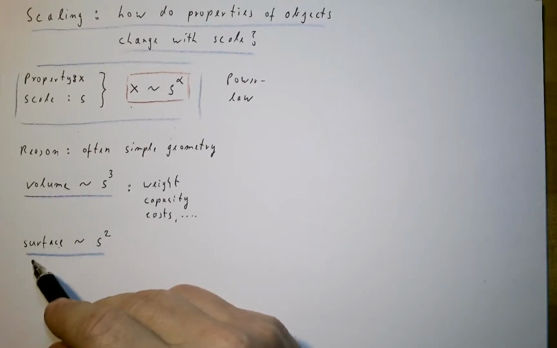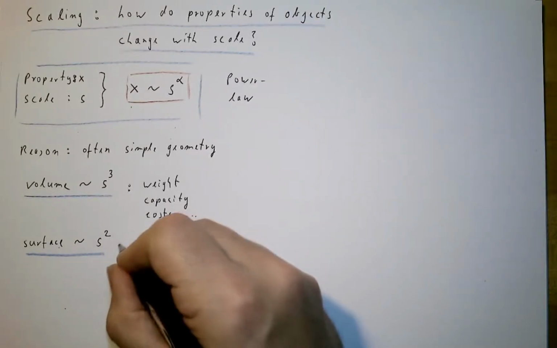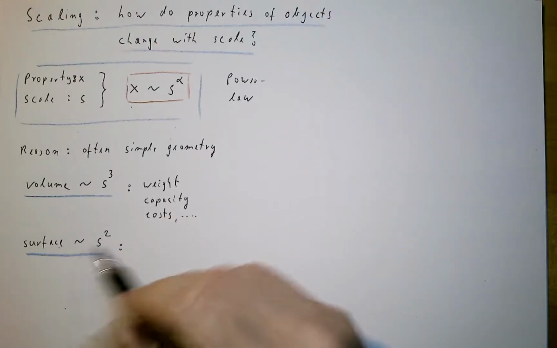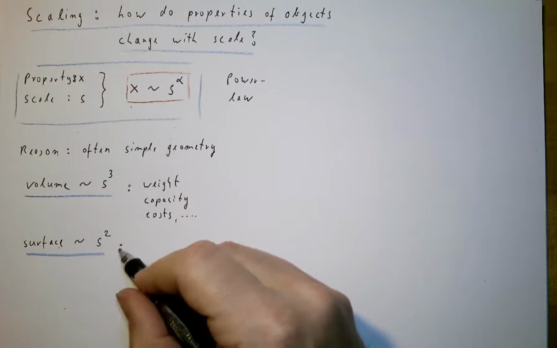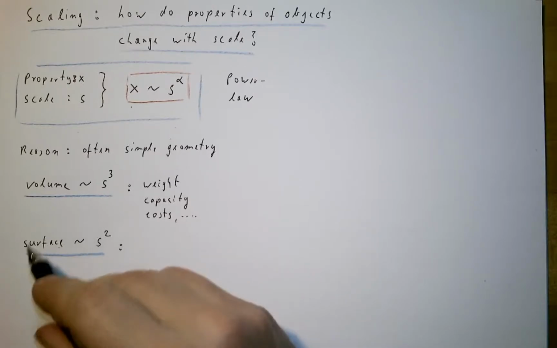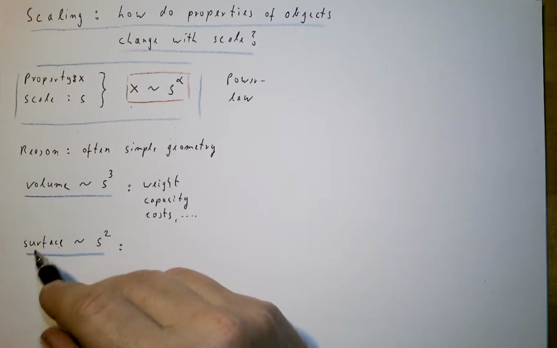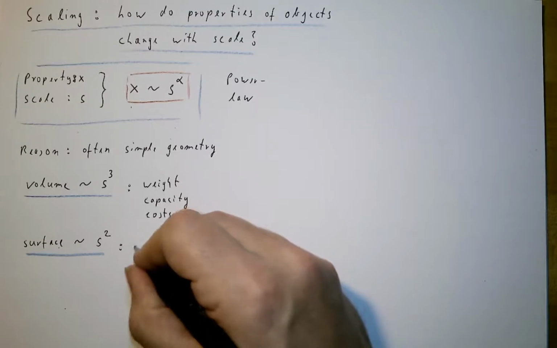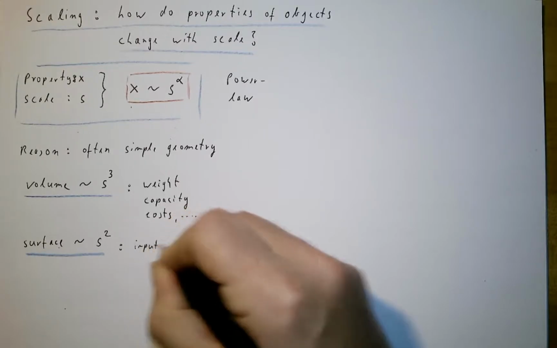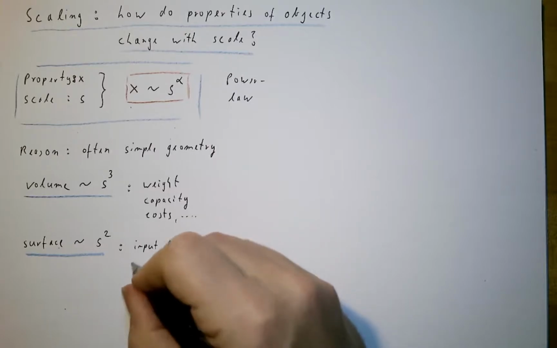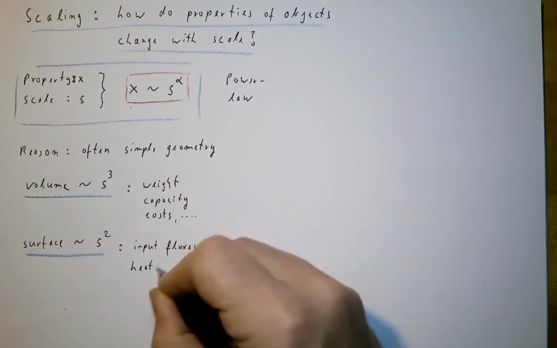Now there are other properties which depend on the surface, and very often these are properties which depend on transport processes to the interface of the object to the rest of the world. For example, input fluxes, or heat radiation.